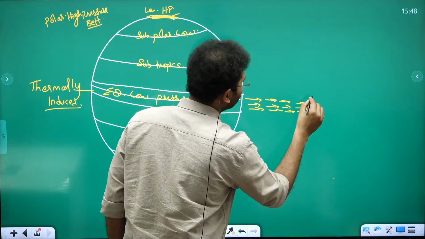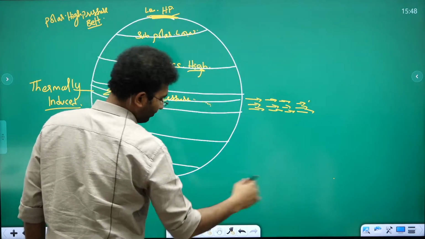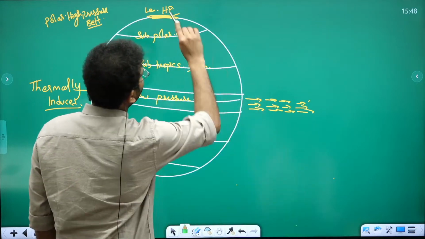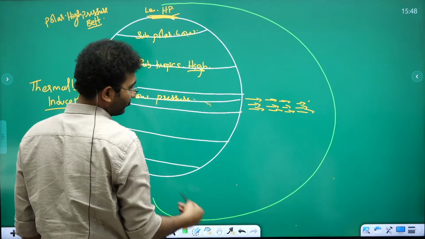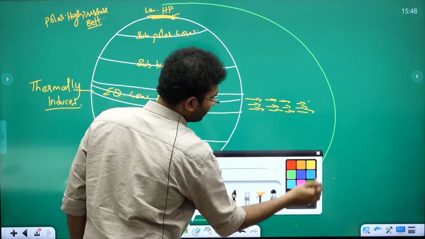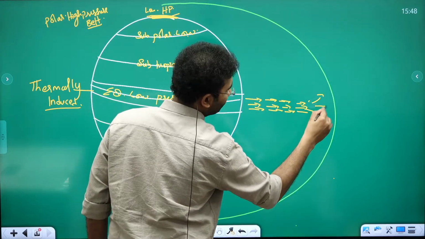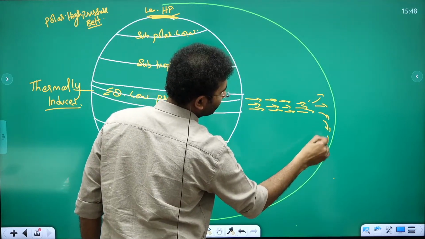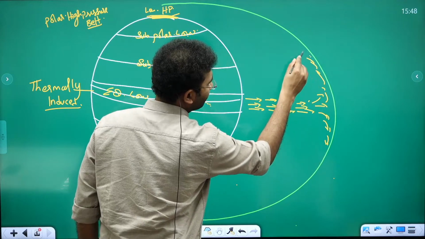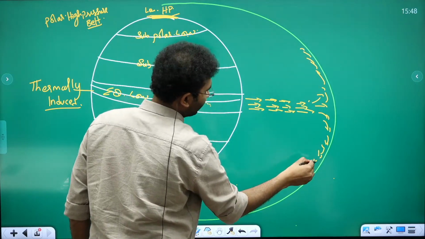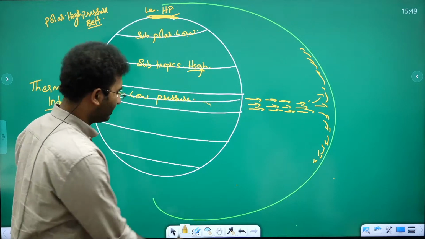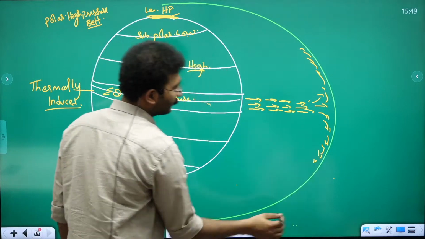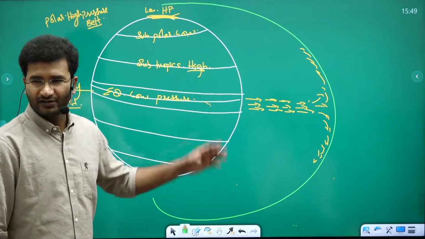Once it has risen, assume this is your tropopause, okay? Now the air will start to diverge. The diverged air will now start to sink. You understood the concept, right?